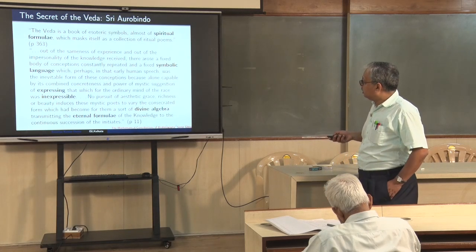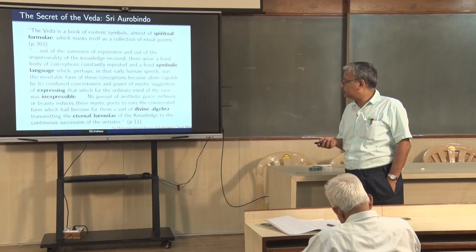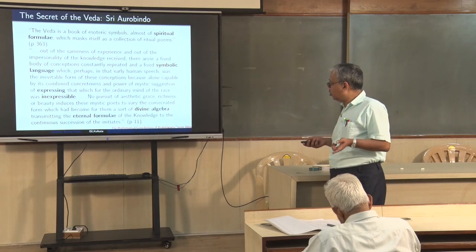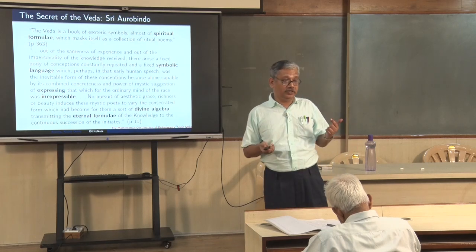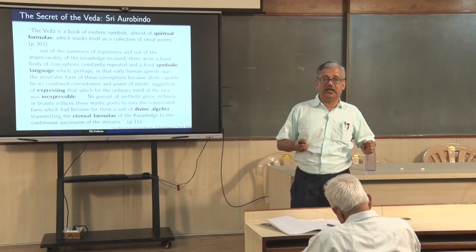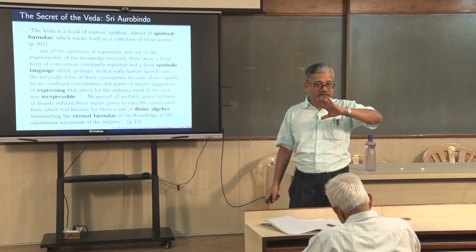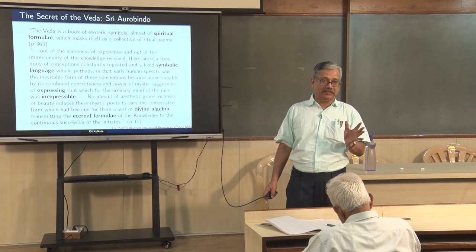So, this was for them a sort of divine algebra, transmitting the eternal formulae of the knowledge to the continuous succession of the initiates. So, Sri Aurobindo uses the word divine algebra for the Vedas. There is something algebraic about the Vedas.